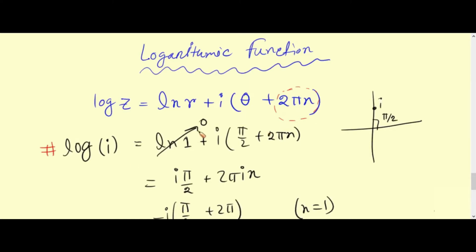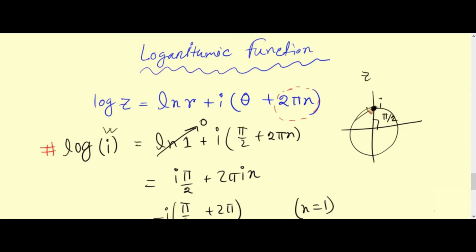In the z plane, if you rotate once and you come back to i, after one complete circuit you are back to the original point on z.